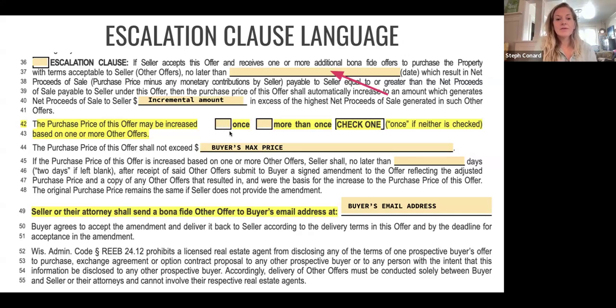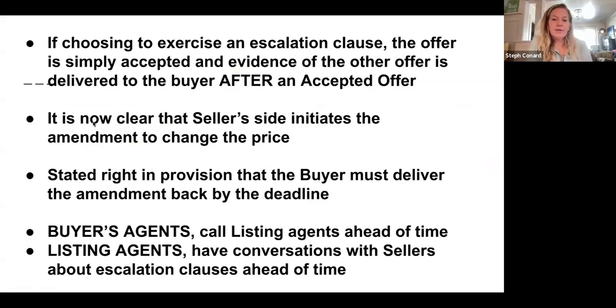So that means that if another offer came in, the buyer is essentially saying, I'm only willing to go up that one time, not multiple times, as I do have the option. We're going to go over some examples of this in a minute. I'll give you guys some examples of what that looks like.